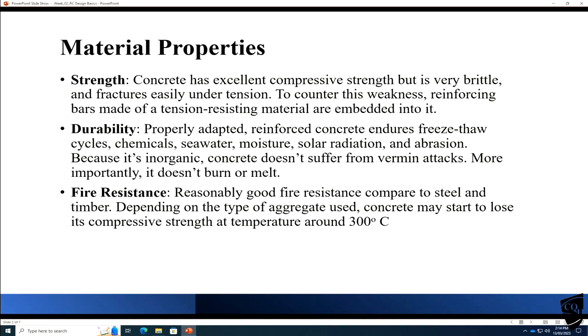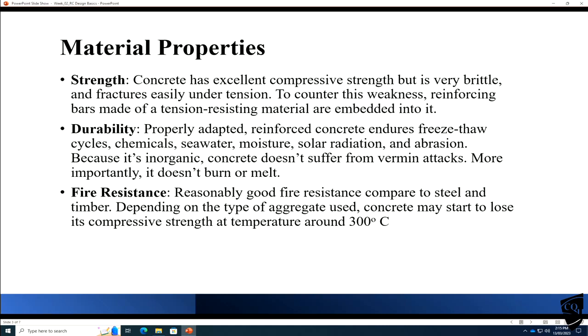Okay. Fire resistance is generally good up to about 300 degrees. After that, strength will reduce significantly. 300 is a good temperature for day-to-day life. We never reach that one.